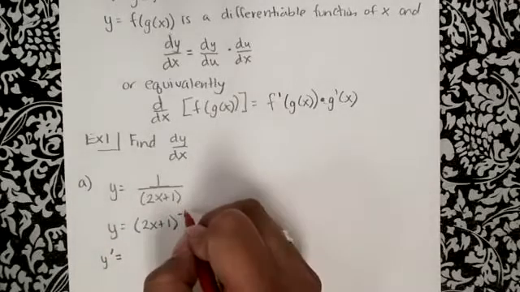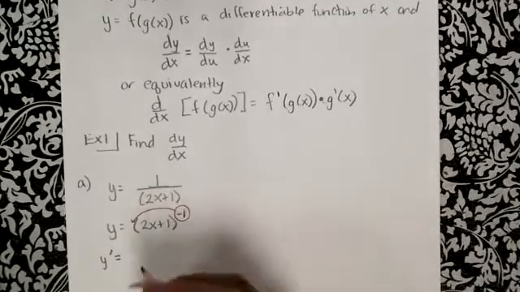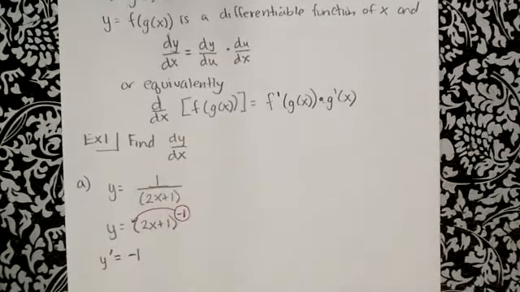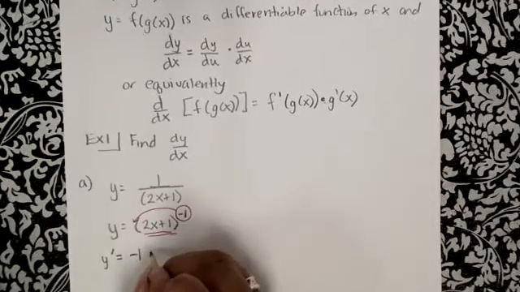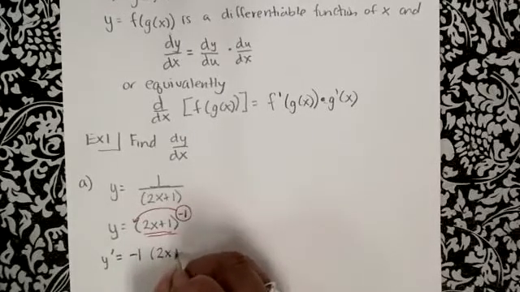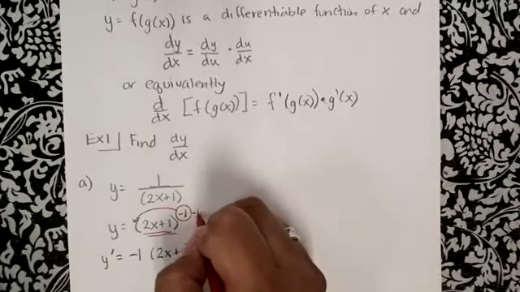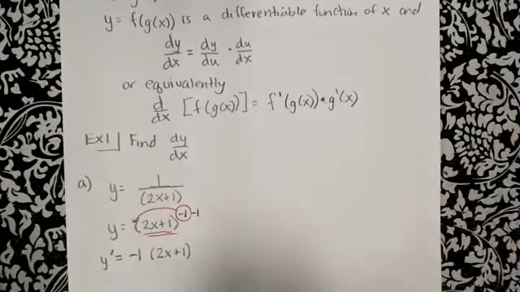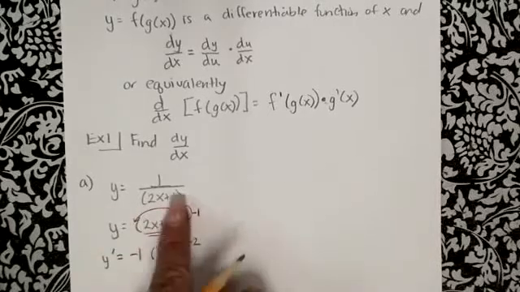I'm going to bring this negative 1 down to the front, so I'm going to write negative 1. You keep the function the same, so I'm going to keep the 2x plus 1 on the inside. And then I'm going to decrease this power by 1, which is negative 1 minus 1, negative 2. So I took the derivative outside.